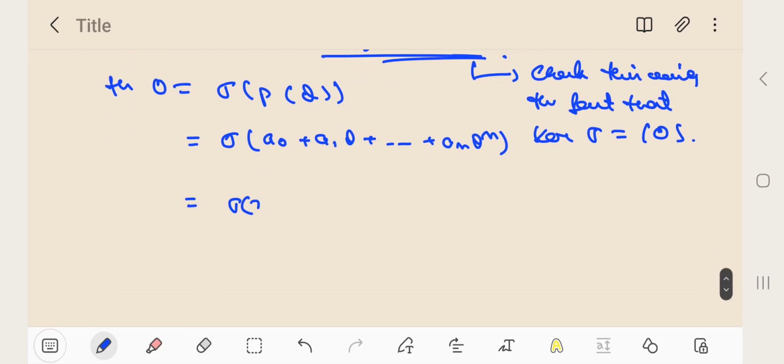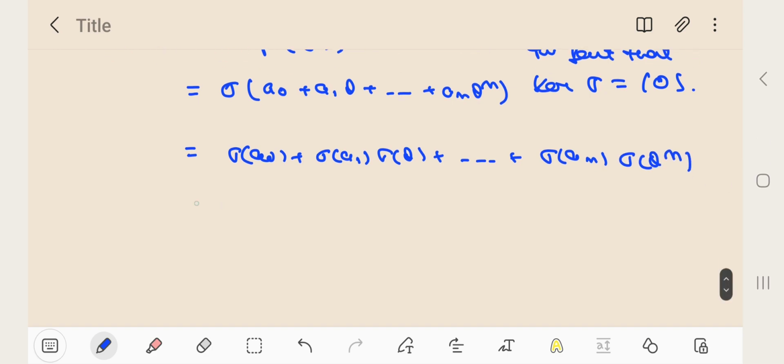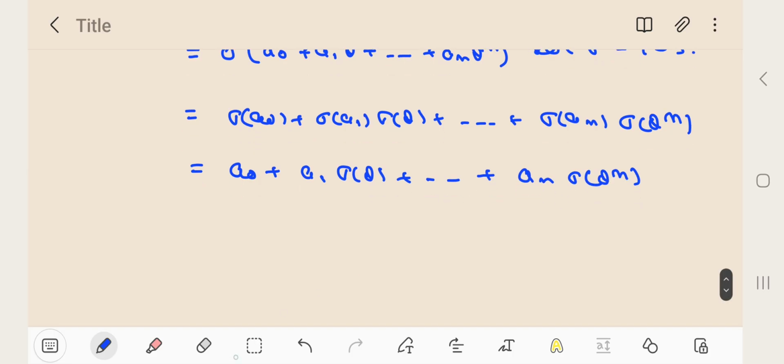But this is nothing but sigma of a0 plus sigma of a1 times sigma theta, continuing till sigma of an times sigma of theta to the power n. But I know that sigma is identity on Q, and each of these a0, a1 till an comes from Q. So this is nothing but a0 plus a1 sigma theta, and it continues till an sigma theta to the power n, where sigma of theta to the power n is sigma theta whole to the power n, by properties of ring homomorphisms.